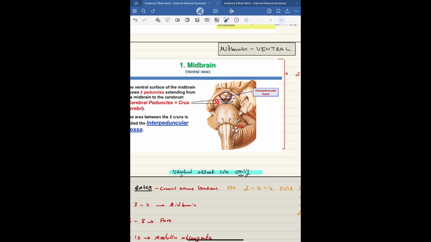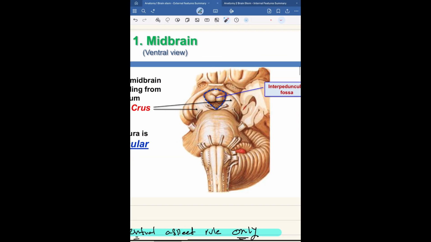So we got the crus cerebri on the sides, and between them is the interpeduncular fossa. Inside the fossa, as we always know, there is content that we'll talk about, and around it we have boundaries. So let's take a look at those boundaries.